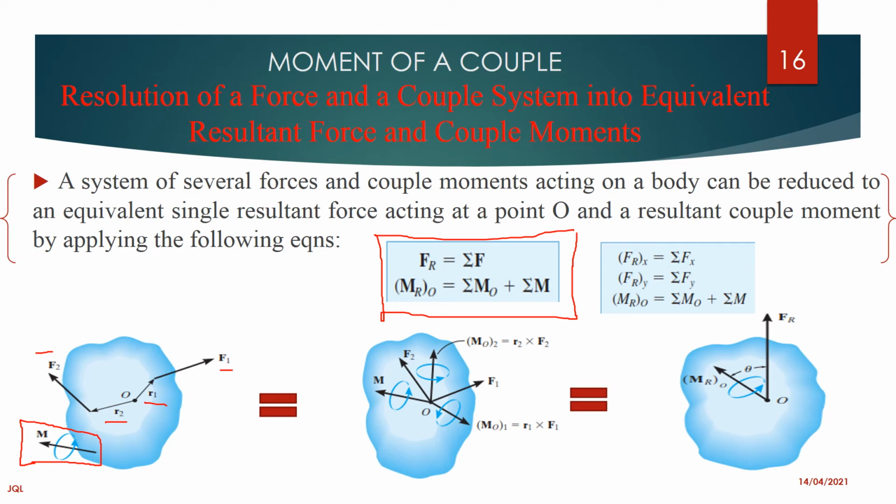So what this simply means is we calculate our moment, which is R1 cross F1, which is this. We do the same for the second force, which is F2, right? Since I've told you that this couple moment is a sliding vector, you just move it to O, which is this moment.